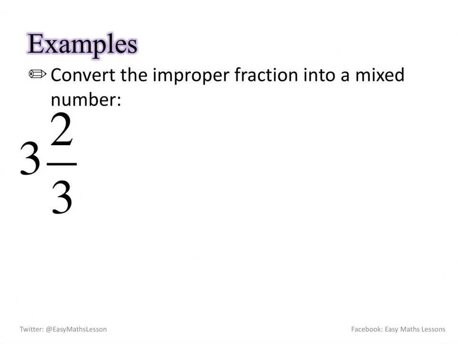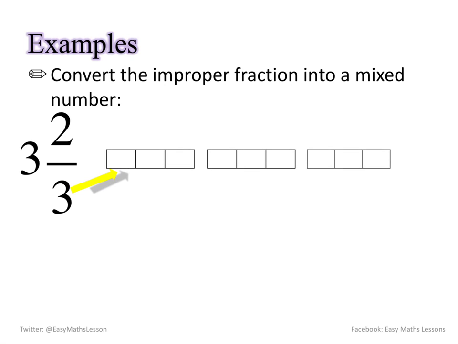All right, let's try this one. This time we have to take the mixed number and convert it into an improper fraction. So in order to do this, it means I have to have my groups of 3, and I'm going to have 3 full groups already because I've got 3 right here.